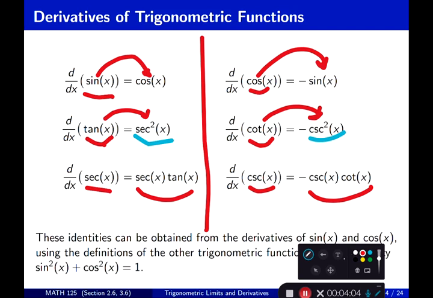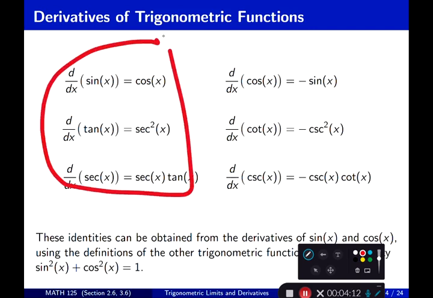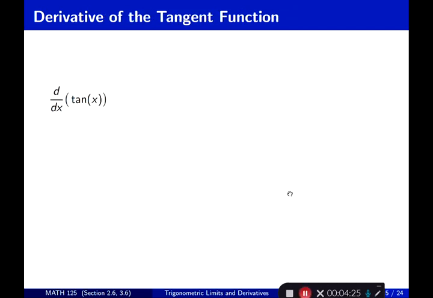So basically, if I learn the set on the left, then I can assume that all the co-functions in there are going to have the co-function derivative with a negative sign. So we have to memorize all these derivatives: sine of x, cosine of x, tangent of x, cotangent of x, secant of x, cosecant of x.